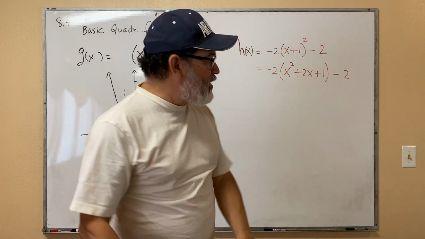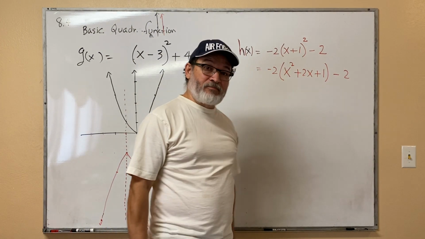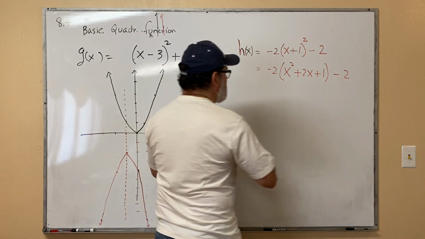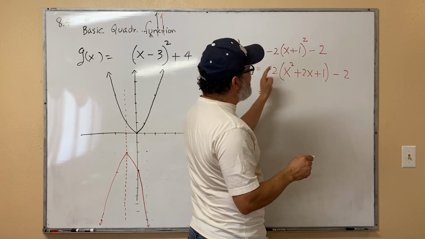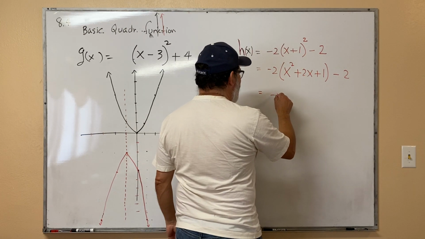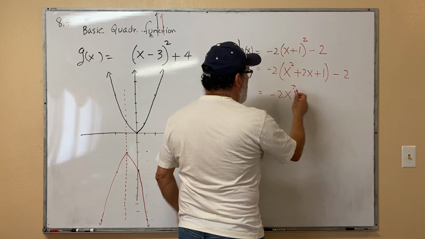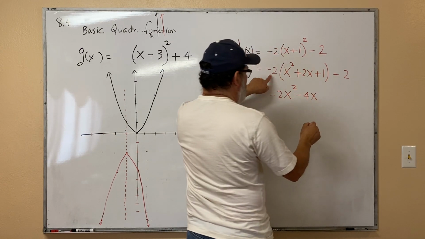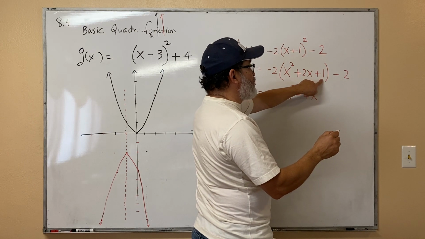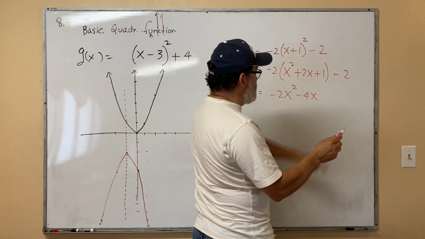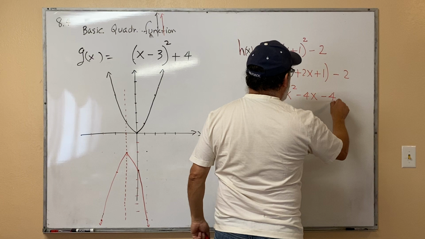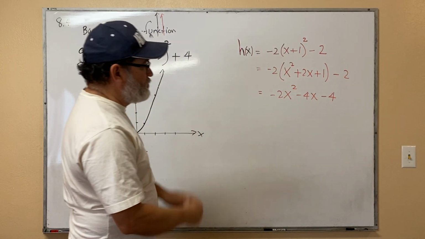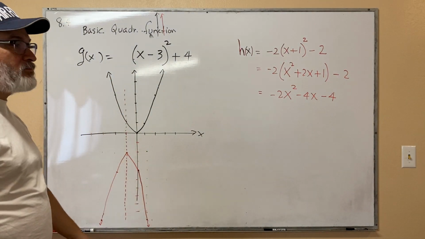You FOIL, and you're going to get this. Watch. Distribute this negative. This is -2x squared minus 4x minus 2 minus 2, minus 4. Look at that.